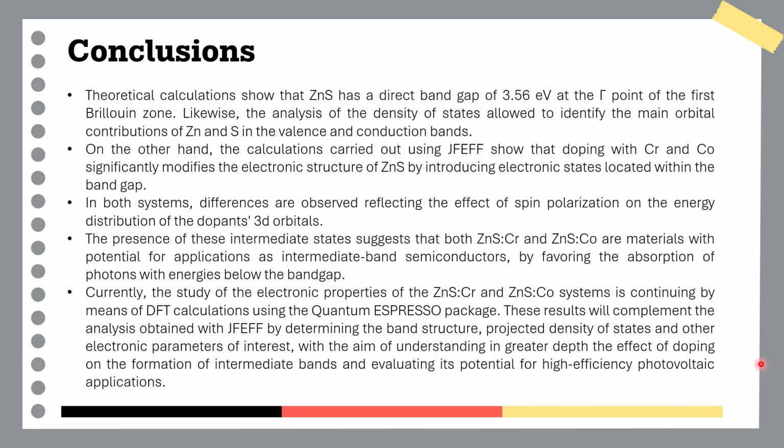These results will complement the analysis obtained by JFEFF by determining the band structure, projected density of states, and other electronic parameters of interest, with the aim of understanding in greater depth the effect of doping on the formation of intermediate bands and evaluating its potential for high efficiency photovoltaic applications.